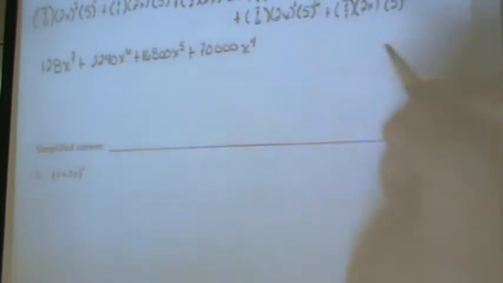And then your next term, again, this time you're raising 2x to the fourth power, so you need to raise the 2 to the fourth power and the x to the fourth power. Simplifying that, you get 70,000 x to the fourth.